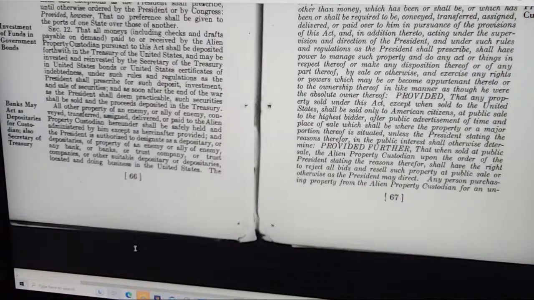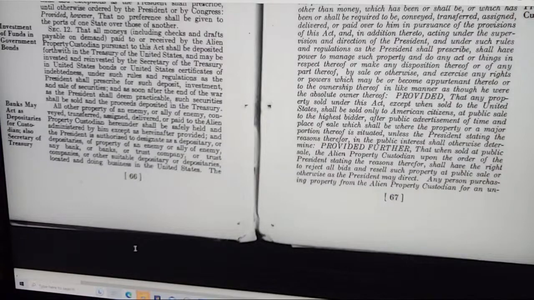in like manner as though he were the absolute owner thereof, provided that any property sold under this act, except when sold to the United States, shall be sold only to American citizens at public sale to the highest bidder after public advertisement of time and place of sale, which shall be where the property or a major portion thereof is situated, unless the President, stating the reasons therefor in the public interest, shall otherwise determine.